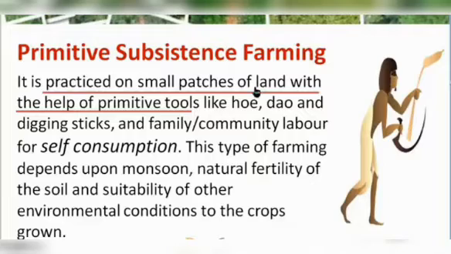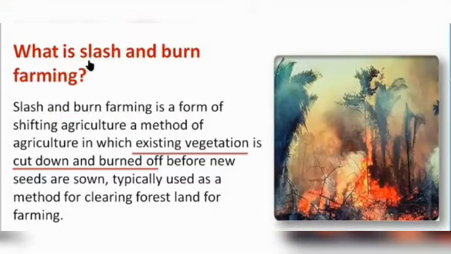So what do we mean by slash and burn agriculture? In this agriculture, tribal farmers clear a patch of forest land and burn it for their agricultural practices, and then leave that particular patch idle for a few years. If the land is left idle for some years, it will naturally replenish the fertility of that soil.